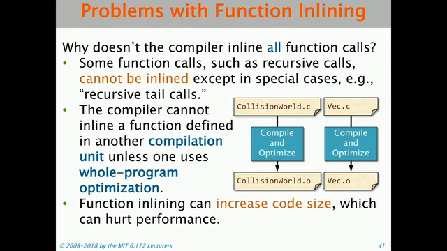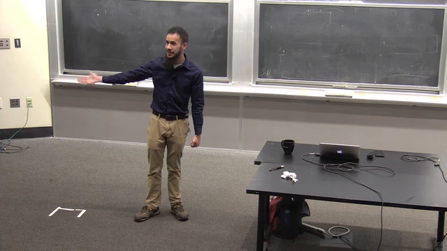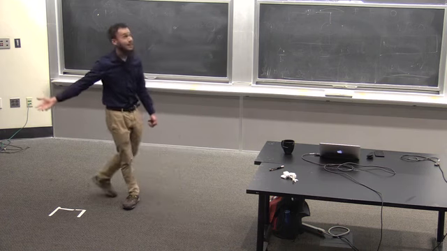The compiler has another problem, namely if the function that you're calling is in a different compilation unit, literally in a different file that's compiled independently, then the compiler can't very well inline that function because it doesn't know about the function. It doesn't have access to that function's code.